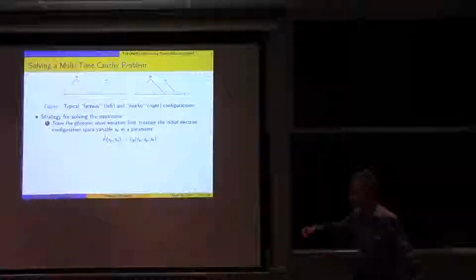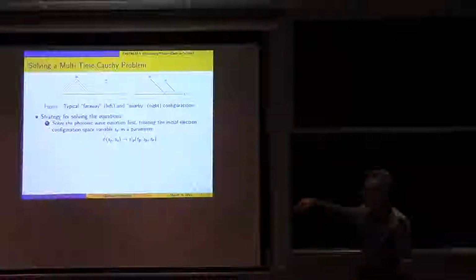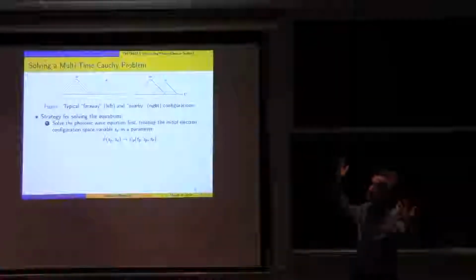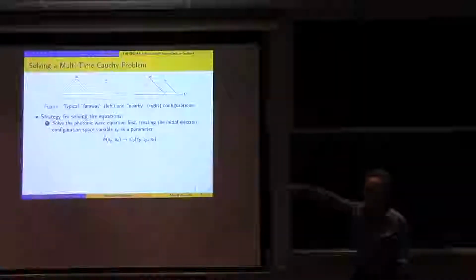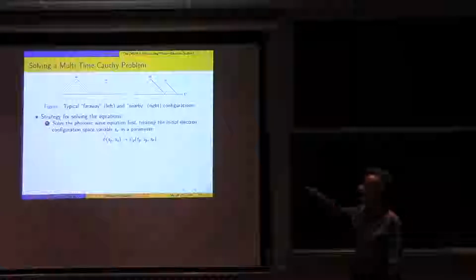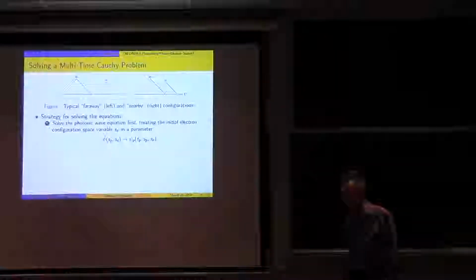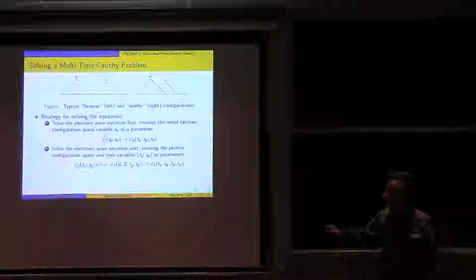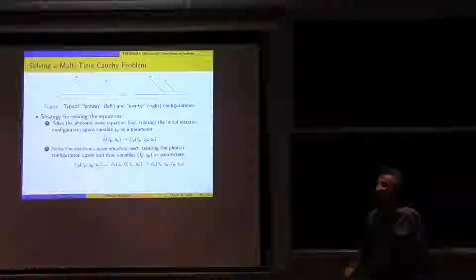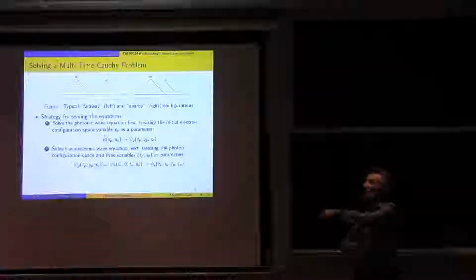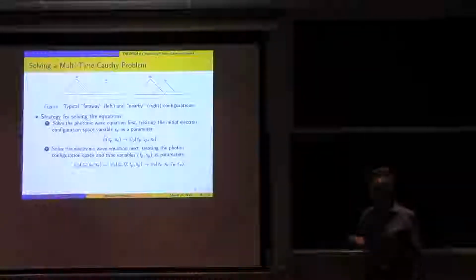Remember, there are two equations to solve. You solve the first equation, you get a solution at all times. Now you're just solving a linear wave equation. You're going to get a solution at all times Tp, Sp, and they still depend on this parameter, Sp. Now, turn this around. Take this solution that you just got as the initial data for the other equations.